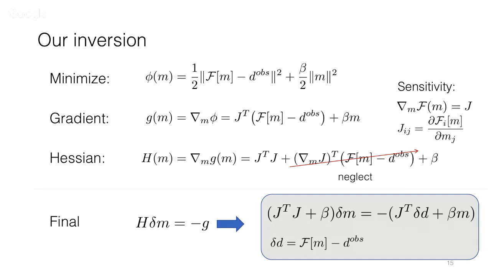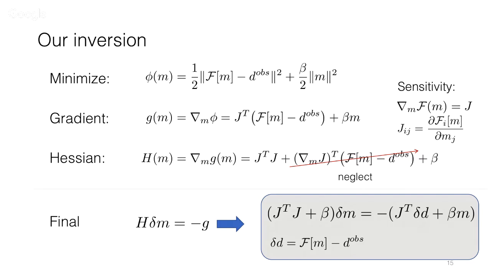And we're going to choose to just neglect this term. It actually turns out to be a pretty reasonable approximation in a lot of cases. So we're going to use what's called a Gauss-Newton approximation and basically say that our Hessian is just J transpose J.